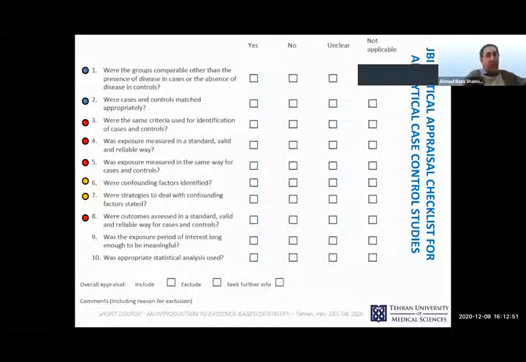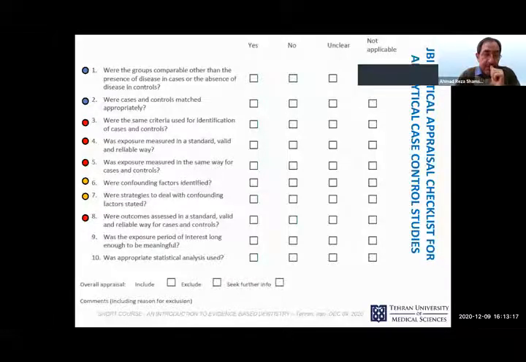So it points to the base of the population. Hospital cases, hospital controls. Office cases, office controls. Population cases, population controls. Otherwise, the study would be affected by selection bias.